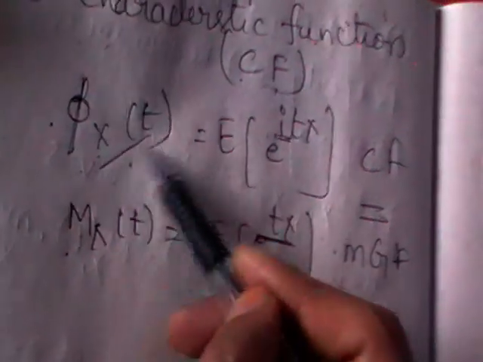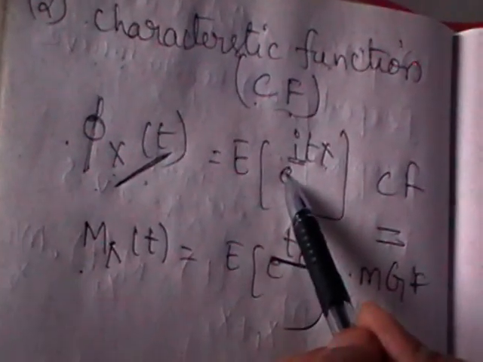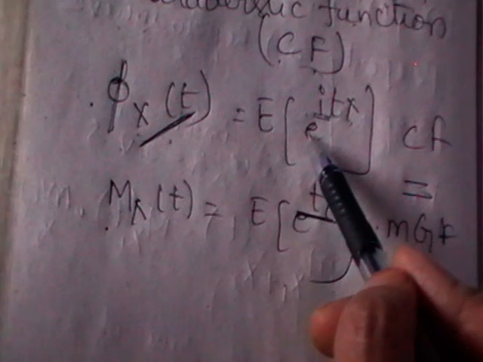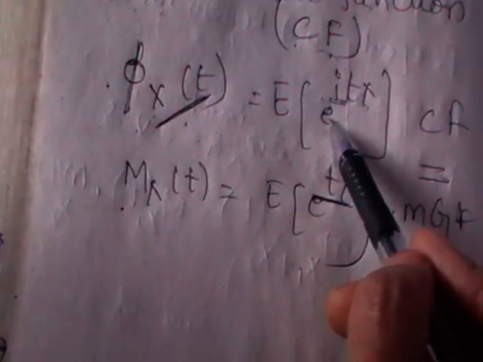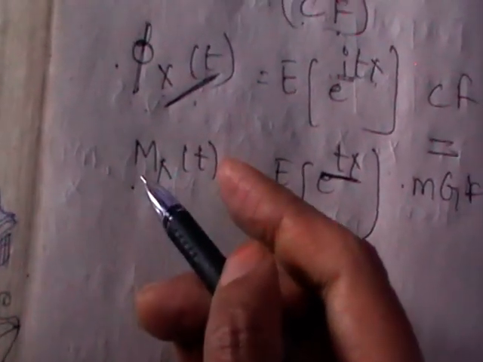As you know, all these generating functions are used for generating moments. In some cases we use MGF, in some cases we use the characteristic function, depending upon the PDF given to you. Now let us see how to derive moments from this.